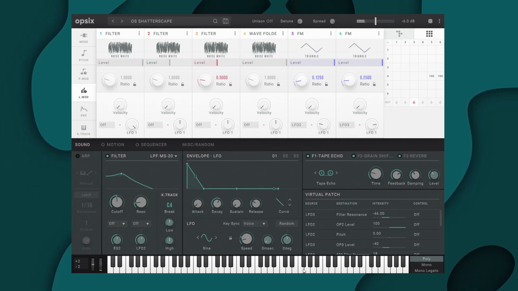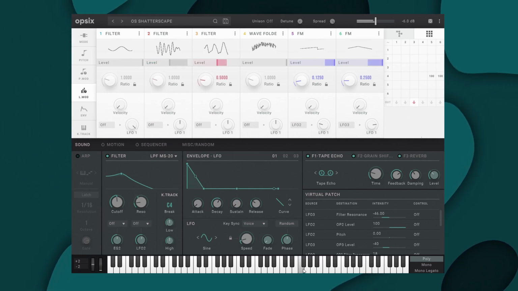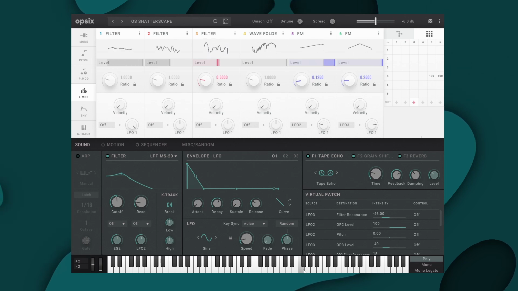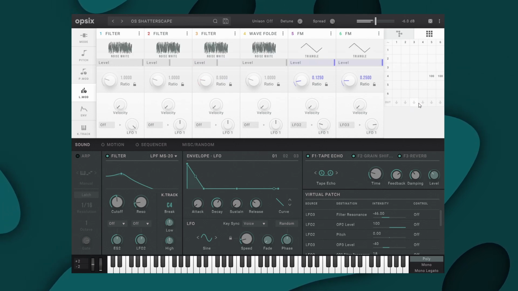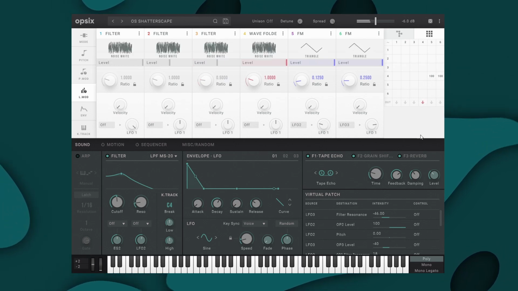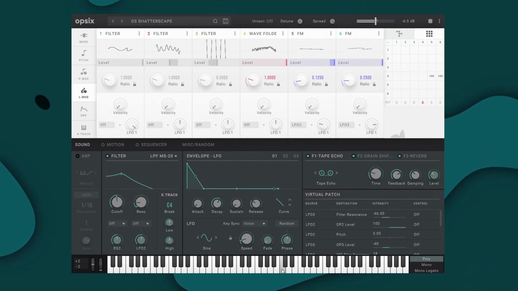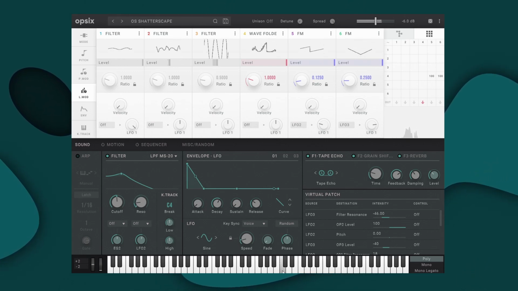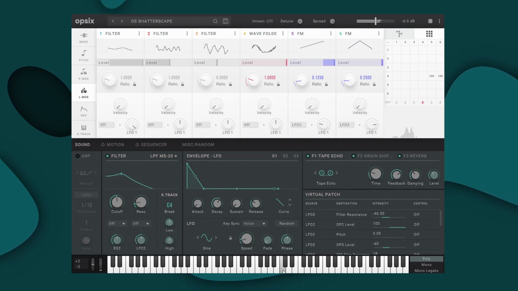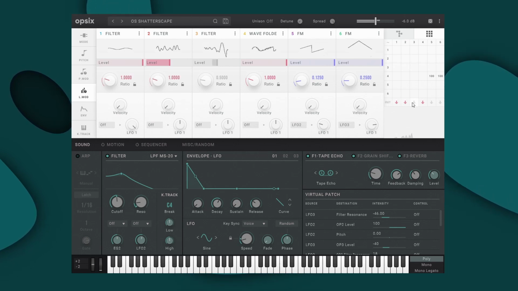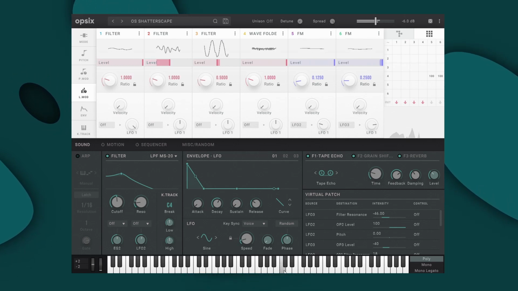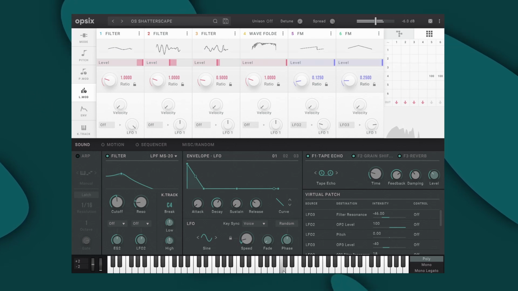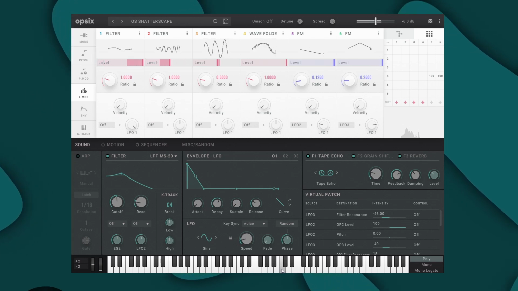I think these first 3 are all different wind sounds. And then this last one here, which has been driven by these 2 other operators. That's kind of our pitch. And then bringing them all together, you get a pretty complex sound.